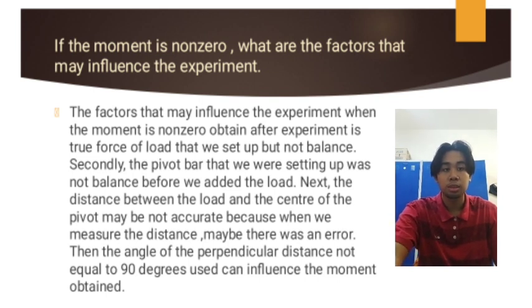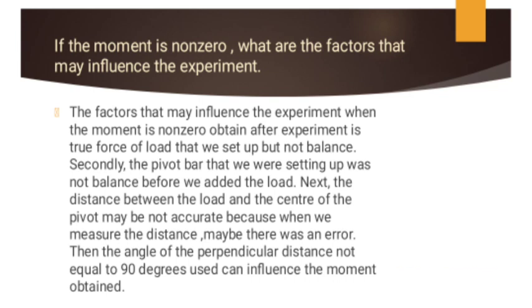Secondly, the pivot bar that we use to set up is not balanced before we added the load. Next, the distance between the load and the center of the pivot may not be accurate, because when we measured the distance, maybe there was an error. Then, the angle of the perpendicular distance is not equal to 90 degrees. These can influence the moment obtained.